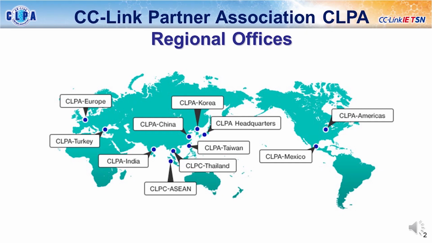CLPA has a global presence and has regional offices all over the world. The headquarters are located in Japan, and we have offices in America, Mexico, Europe, and so on.